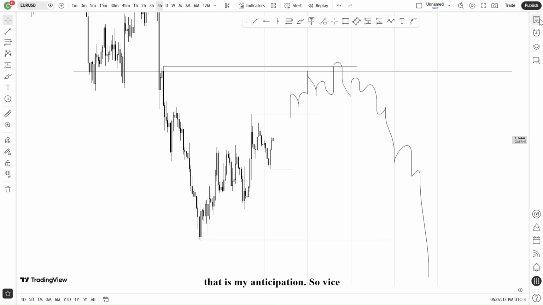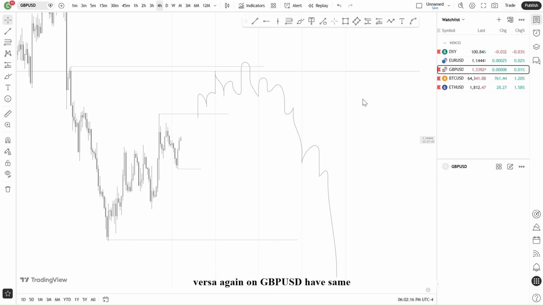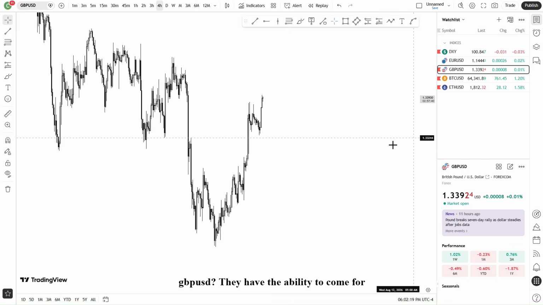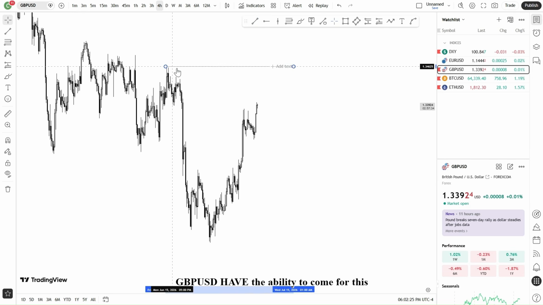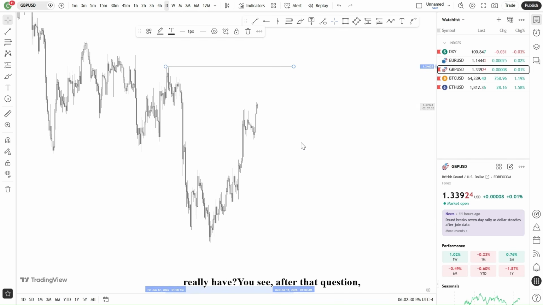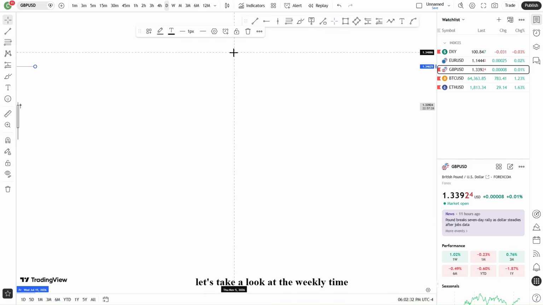So vice versa again on GBPUSD, same logic, but the way I'm seeing it, GBP has the ability to come for this high. So I'm seeing it, but does it really have it? I'm still asking that question. Let's take a look at the weekly time frame so I can conclude on what GBP is saying.